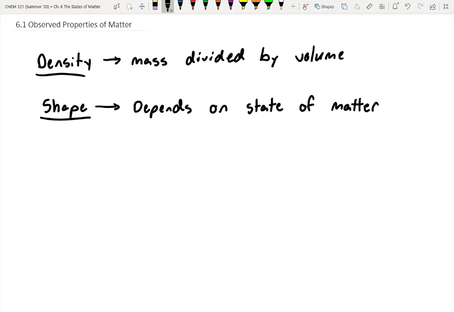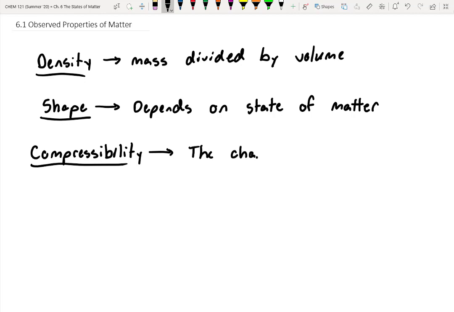Okay, and then the next one we can look at is compressibility. And compressibility basically means how much force does it take to squeeze something. So it is the change in volume resulting from pressure applied.